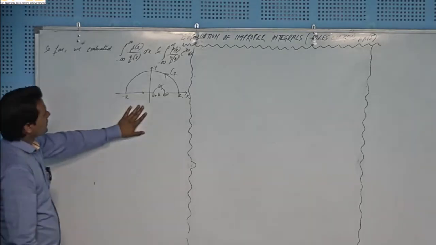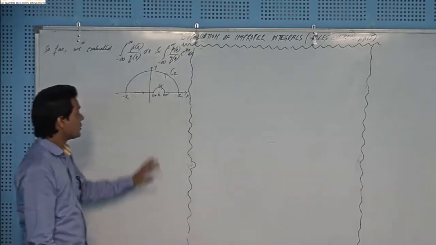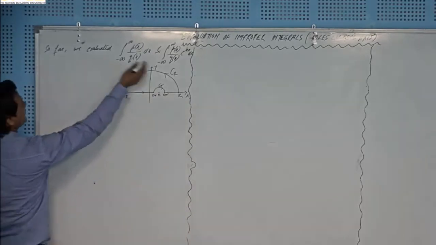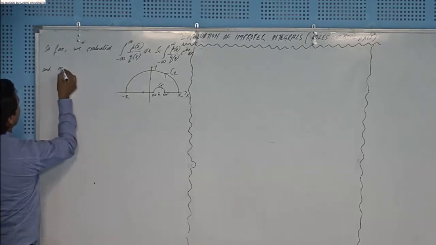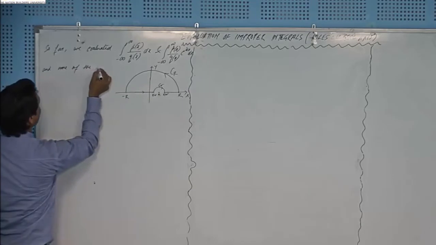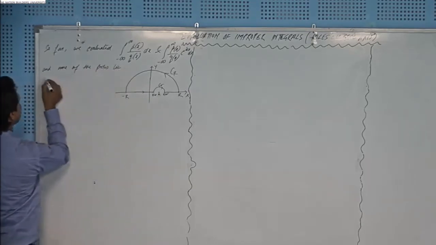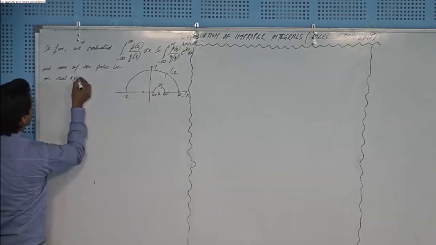So for this case, when the poles lie on the real axis, the contour looks like this, right? Okay. We evaluated this, and none of the poles lie on the real axis so far, right?